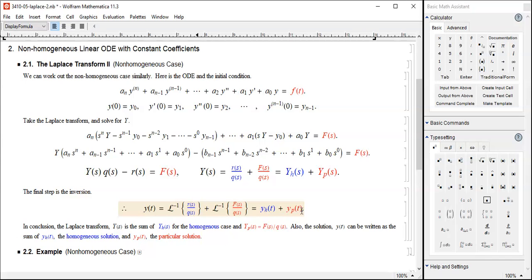One more notational issue. What do you mean by this P? P is for particular, and I'm going to explain why this is called particular solution in a moment, but notational issue first. P is for particular, and that is the biggest reason I'm not using P here for this rational function. Our textbook author is using P of s over Q of s, and I really hate that notation because it can cause a heck of a lot of confusion because P is for particular, and we have red, and then we have blue.